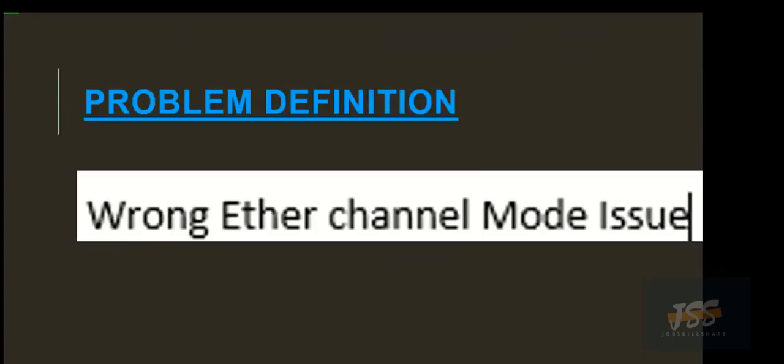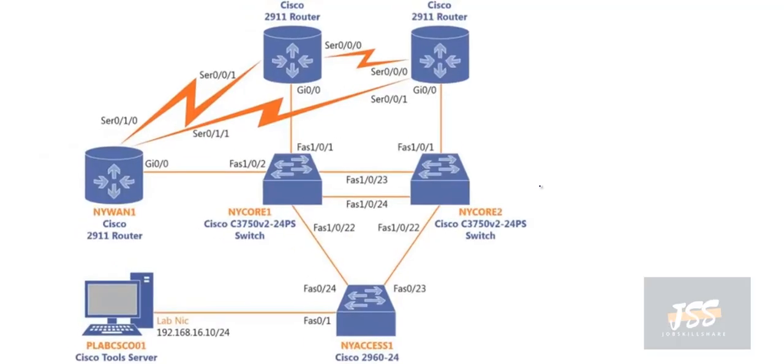The problem definition in this module and part is a wrong EtherChannel mode issue. We will be using this topology on the practice lab. We will be using these two switches, NY Core 1 and NY Core 2. You can see an EtherChannel bundle over here.